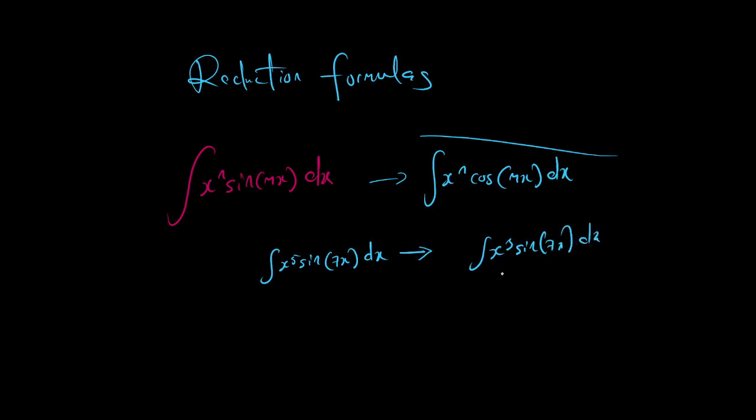And then we can reduce this to something like the integral of x sine of 7x dx, which is easier and simpler to compute than this and this. So a reduction formula is a formula that allows us to reduce the powers of the exponent that appears in the integration.